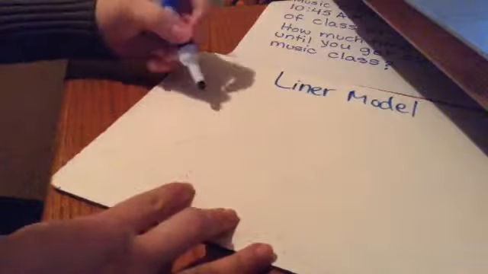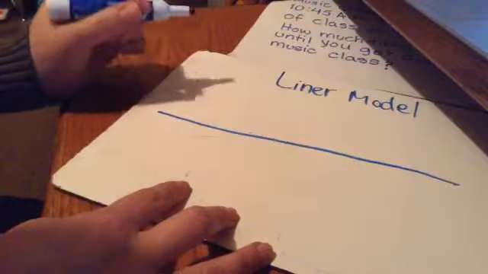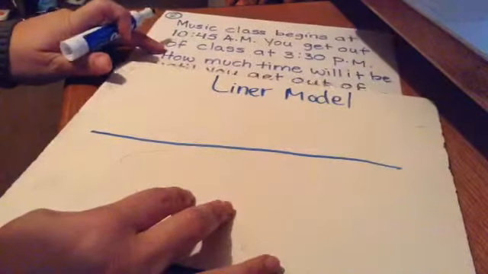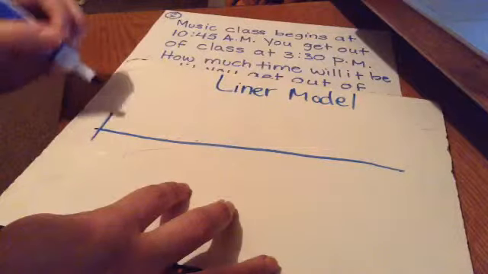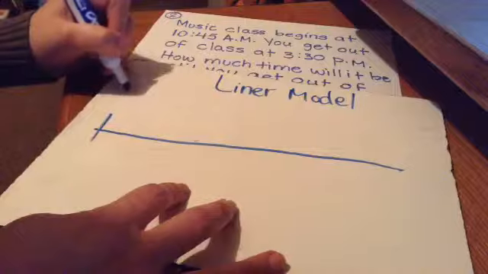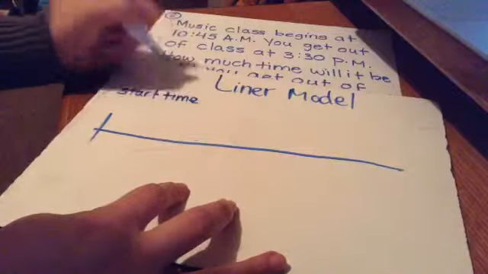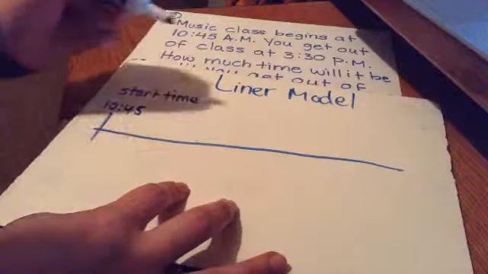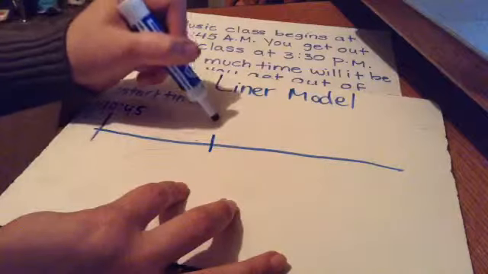And the first thing we have to do is draw an empty line. Okay, we're going to draw an empty line, which is this one, and then mark the start time and the end time, and noon. So we know that the start time is over here, 10:45 a.m. Noon is going to be somewhere over here, which is 12, right?